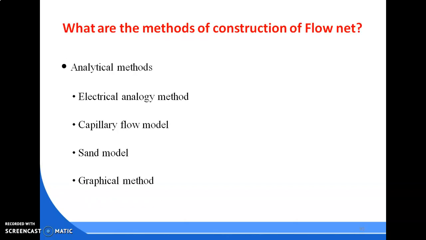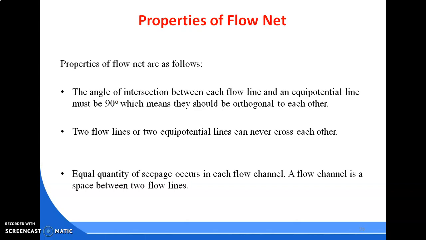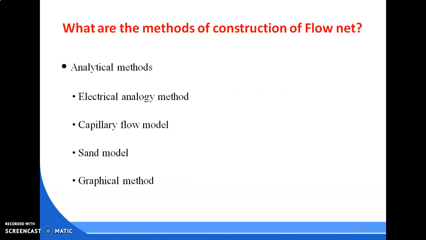Then there are some methods. So the question is, what are the methods of construction of flow net? There are some methods available to construct a flow net, like analytical method, electrical analogy method, capillary flow model, sand model, and graphical method. So these are some methods to construct a flow net.